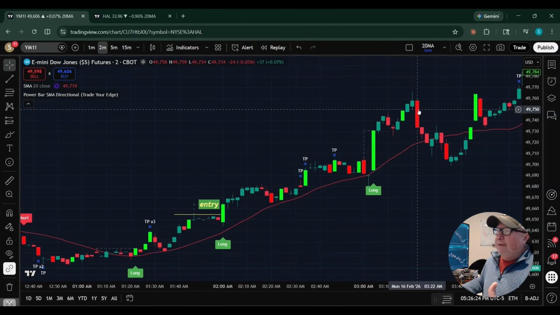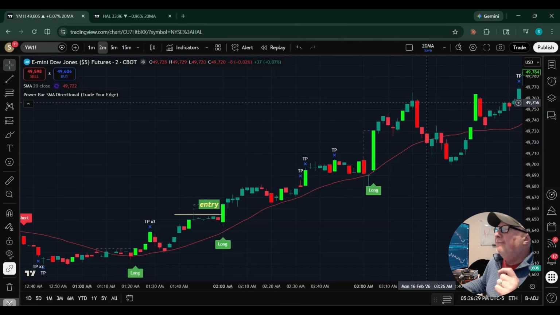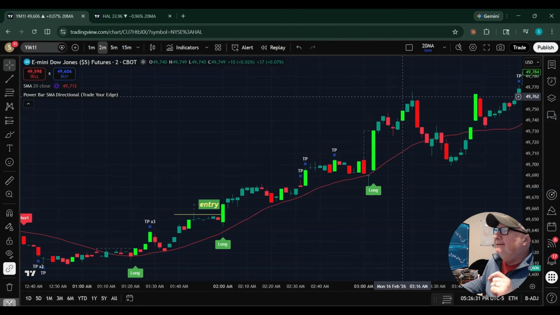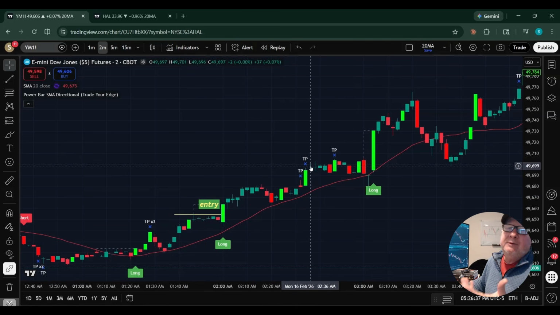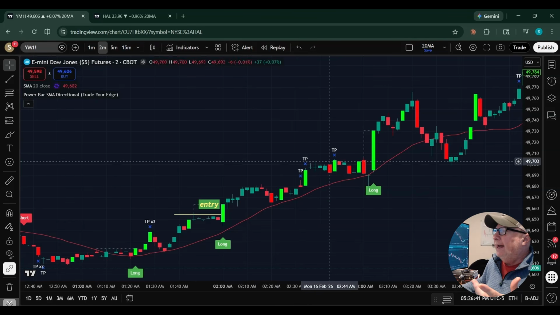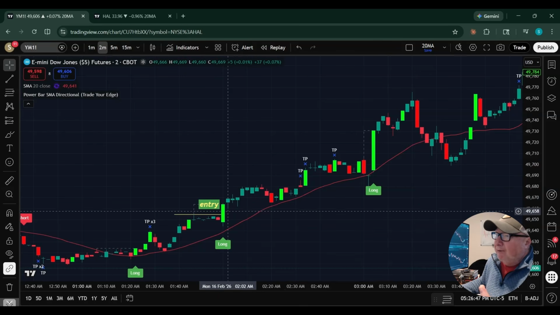So you could say, oh, that's a power bar. It's not beginning at the anchor, right? This is the snapback, right? We get the move away, back to the anchor, move away. And this is what a trend looks like very often with the 20, right? Move away, back to the anchor, strong move away, and then continuation, which is all the power bar is, right?